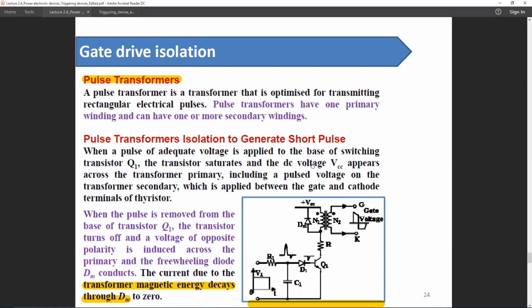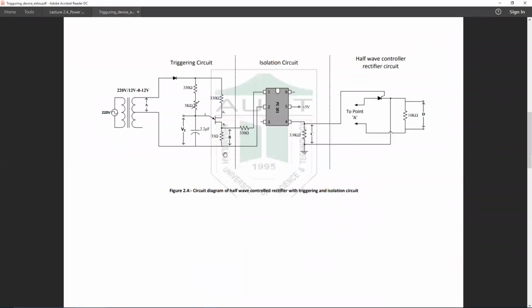So these types of transformers can be used to isolate the input from output. In this case, the input is the triggering circuit and the output is connected to the main high voltage circuit.